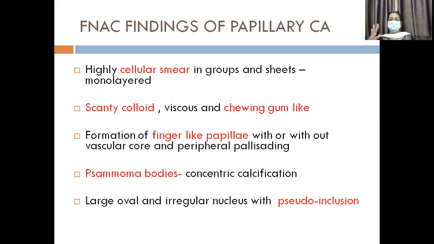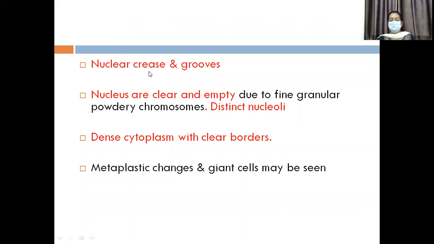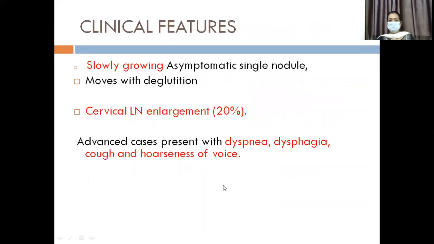But here there is very scanty colloid, and if at all it is there, it is chewing gum like, imagine a chewing gum. Then psammoma bodies and pseudoinclusions, nuclear grooves, empty nuclei, distinct nucleoli, that is the powdery chromatin having a ground glass appearance. Metaplastic changes and giant cells sometimes may be seen.